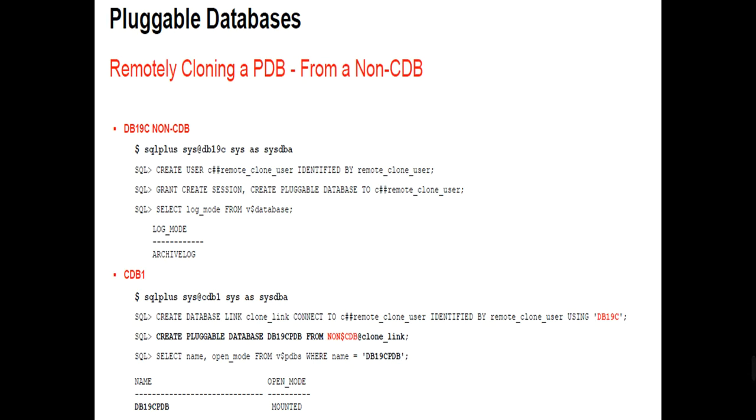Before that, we need to put the TNS entry on both sides, the source TNS entry on the target side, and connect through the database link. Once the pluggable database is created, it is in mount mode. After that, we need to alter the pluggable database to open read-write. This is remote cloning a PDB from a non-CDB.